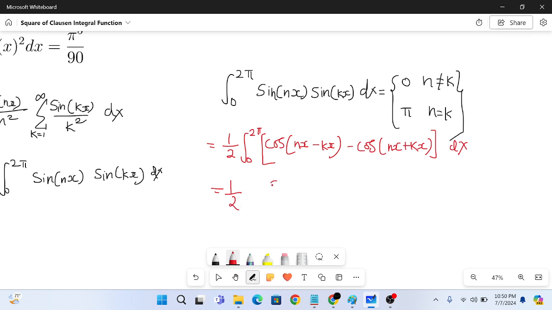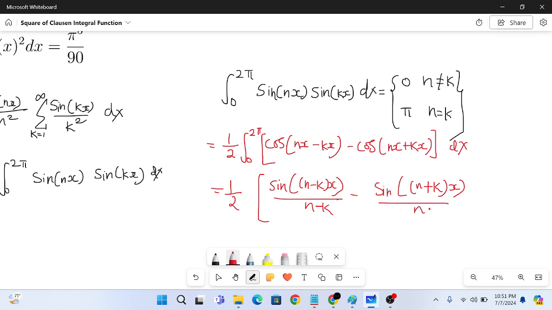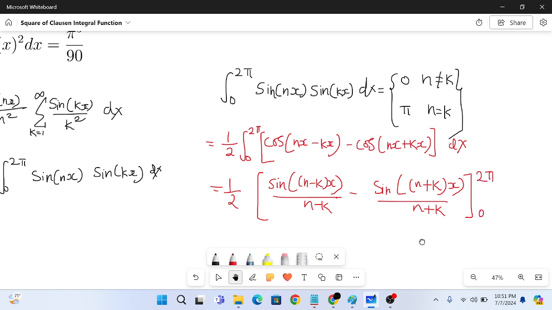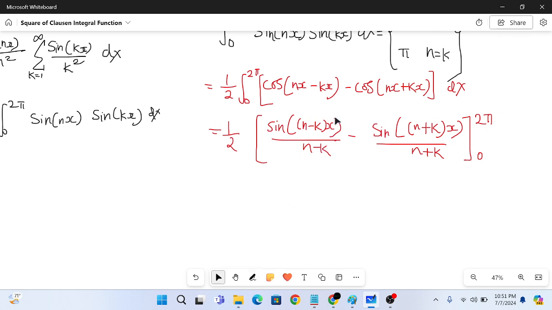So 1 by 2 times sine of (n minus k)x by (n minus k), minus sine of (n plus k)x by (n plus k), and this all goes from 0 to 2 pi. Now if n and k are different, we can clearly see that at 2 pi and 0, both terms go to 0, so it will just be half of 0 minus 0 minus 0 plus 0, and that will just be 0, if n and k are different.